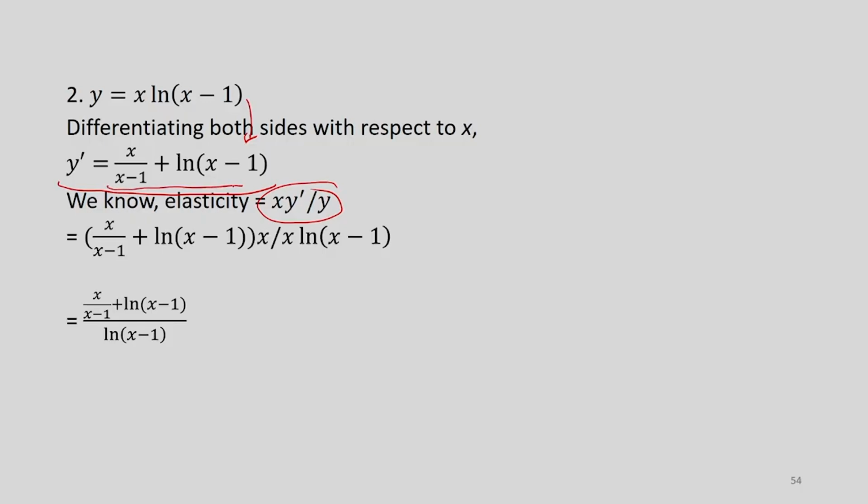So, using the product rule, I get y dashed is equal to x divided by x minus 1 plus log of x minus 1, and that I substitute here, and ultimately I am going to get x divided by x minus 1 plus log of x minus 1, whole thing multiplied by x divided by x multiplied by log of x minus 1, and that turns out to be x divided by x minus 1 plus log of x minus 1 divided by log of x minus 1. So, this is the answer.